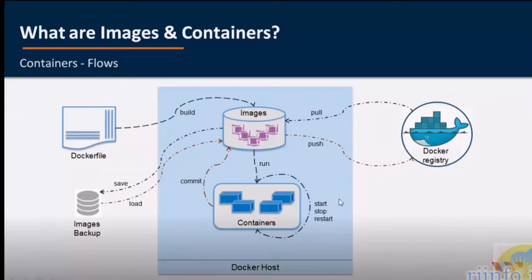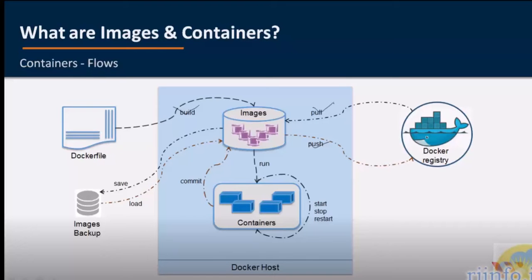So in this slide, we will look at the most common workflows that are associated with Docker images and containers. Images can be built locally from a Dockerfile, and images are pushed to a Docker registry in order to share them. From a Docker registry, the images can be pulled onto a local Docker host.